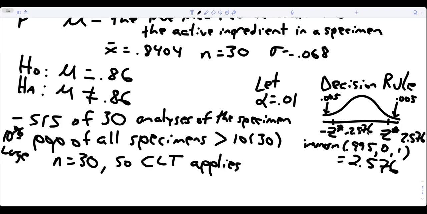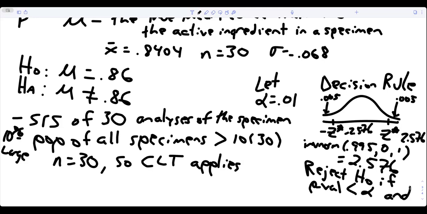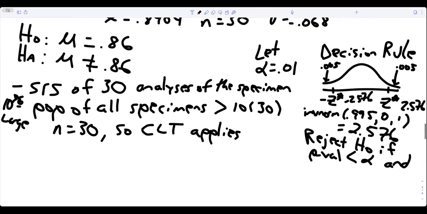I'm going to reject H naught if my p-value is less than alpha. In this case, since I have two rejection regions, I'm going to say the absolute value of z is greater than 2.576. So if my z score is greater than 2.576, I will reject, or if it's less than negative 2.576, I will reject also.